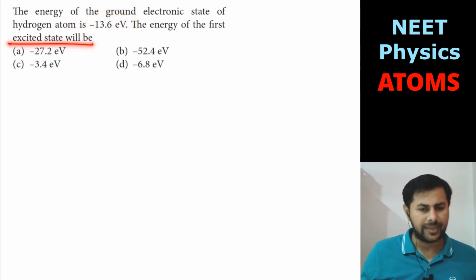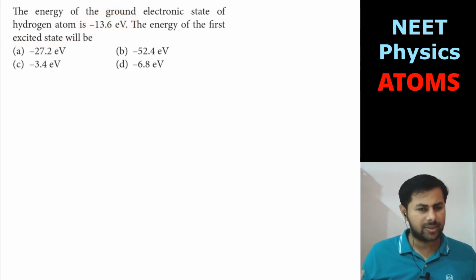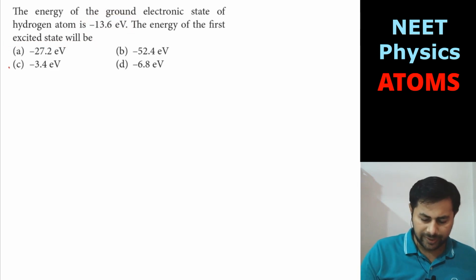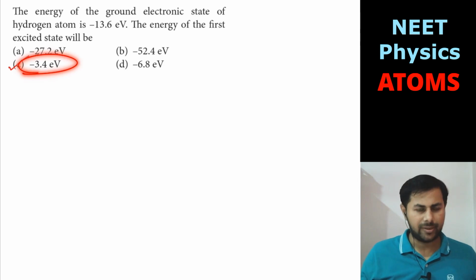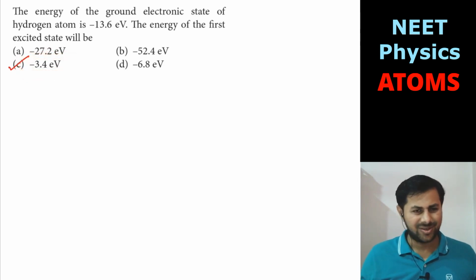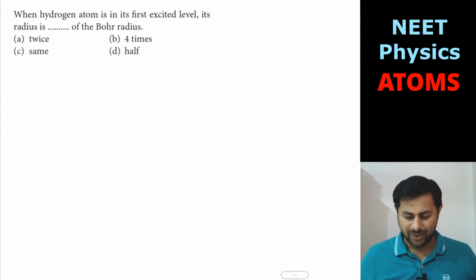The energy of first excited state will be, this thing you need to remember. First excited state means the second state, so the energy is minus 3.4 electron volts. If you remember this, then some questions will have direct answers, and within a fraction of a second you can click the answer. Okay, let's see next one.